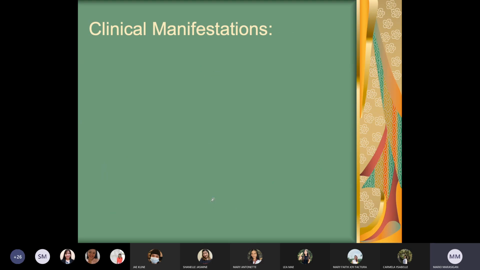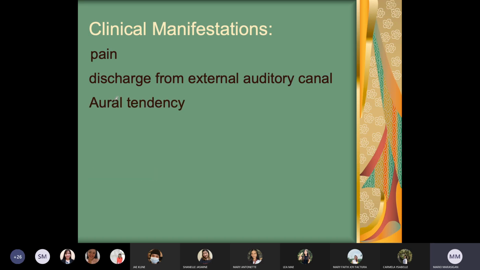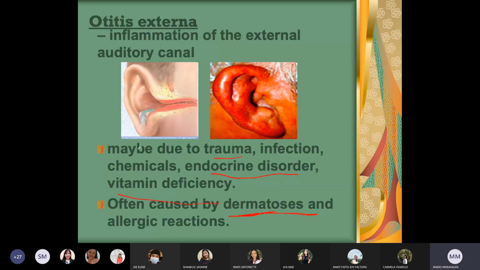So clinical manifestations, there is pain. Of course, there are discharges coming from auditory canal. Tendency na hindi siya makarinig. Fever, cellulitis, ito yung cellulitis. Yan.